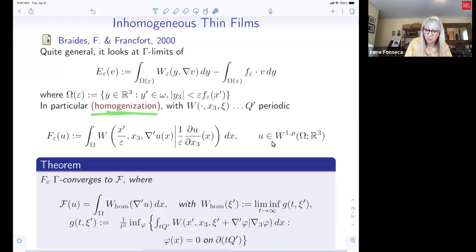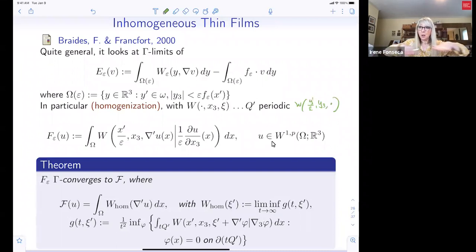For example, you could have homogenization, where what I have here would be a W of y prime over epsilon, y3, and so on. Here in this work, I'm just going to let the homogenization happen on the middle plate. This can be done more generally than that, but let's just concentrate on this one oscillating.